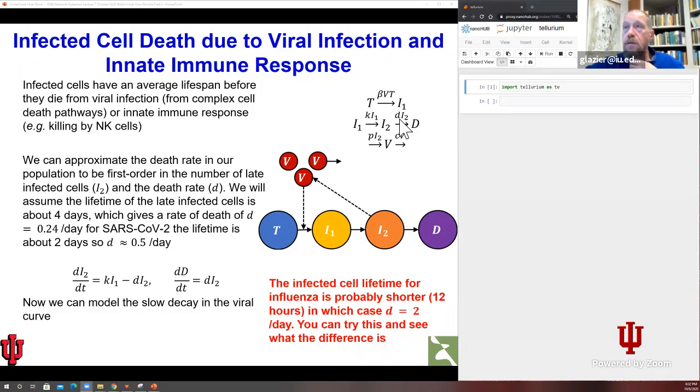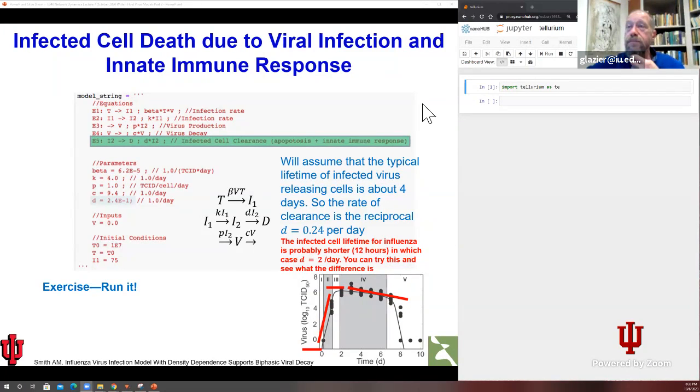Okay. So I think that was where I wanted to come back. This death will give us the clearance term that we wanted. Remember that before we had a delay, exponential increase of the virus, and then saturation where the virus stopped growing but didn't go away. But in the influenza, as we saw in the data set, there's this gradual decay.